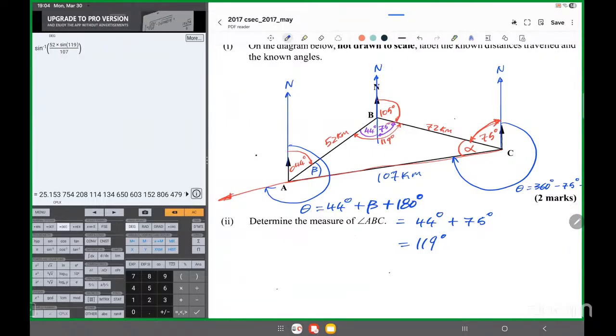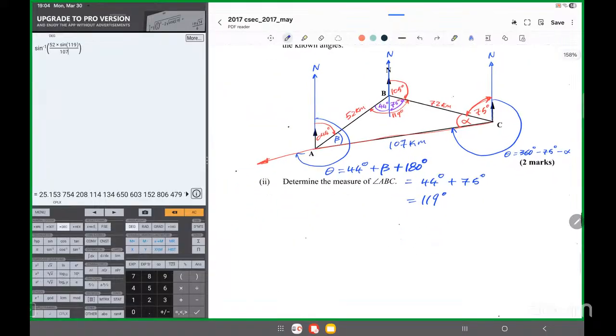And we have to find the beta inside here, using the sine rule again. So theta equals 44 degrees plus beta plus 180.